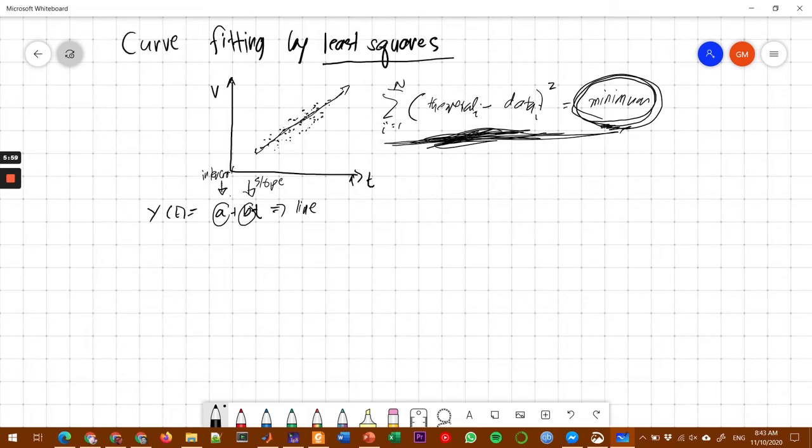So let's denote this sum as S. We write S as the sum from i equals 1 to N of y of t sub i minus y sub i, squared. This is our theoretical model, the unknown model equation, and this is your data.